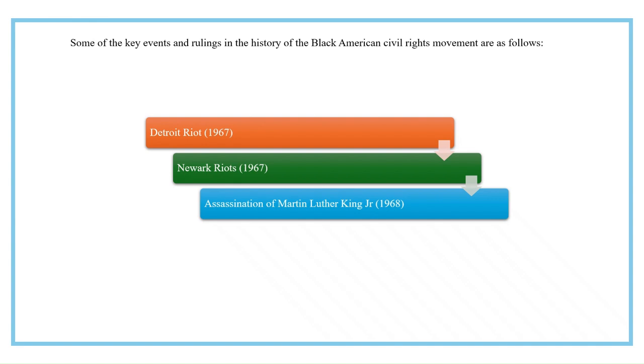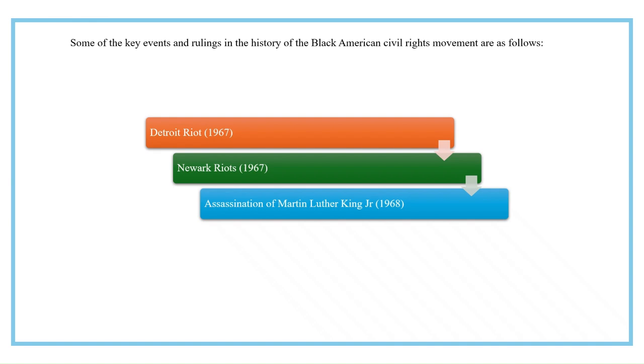11. Detroit Riot, 1967. Violent confrontation between residents of predominantly black neighborhoods and city police in Detroit began on July 23, 1967 after a raid at an illegal drinking club where police arrested everyone inside, including African Americans.